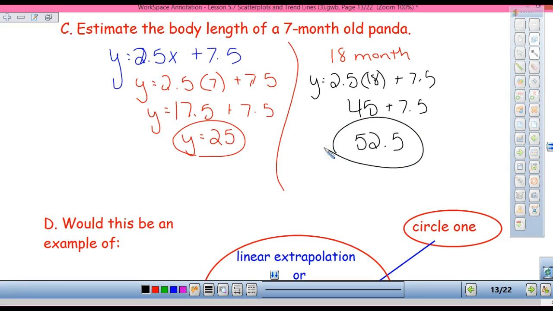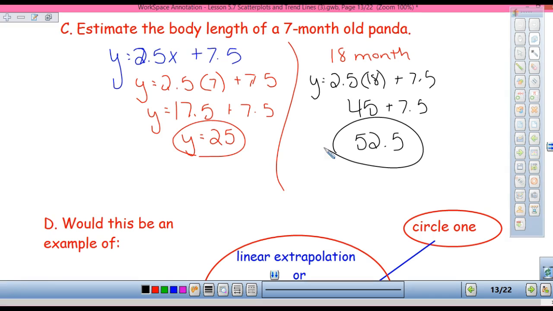Now, is this inside my set of data? No, it's on the outside of my data. So we would call that extrapolation because it's an extra point off my graph. Does that make sense? When it's inside the graph, it's interpolation. When it's outside the graph, it's extrapolation.